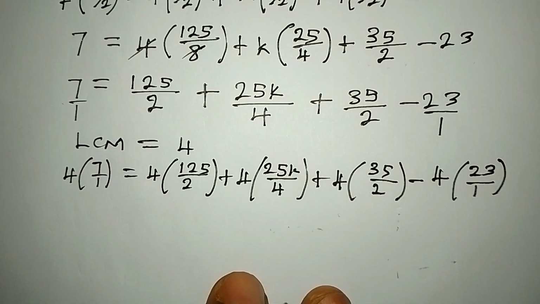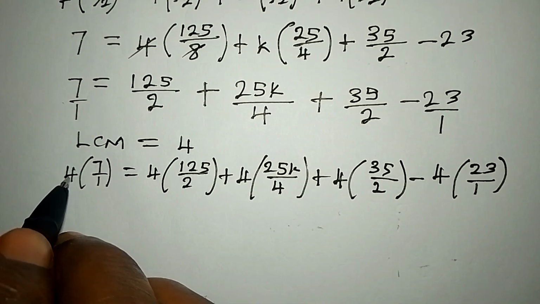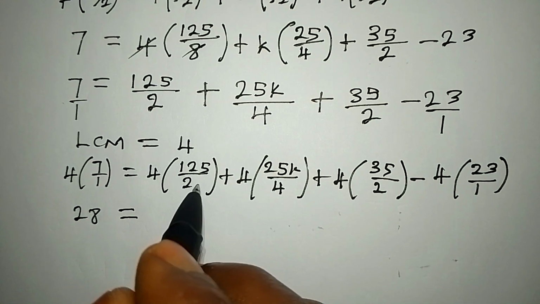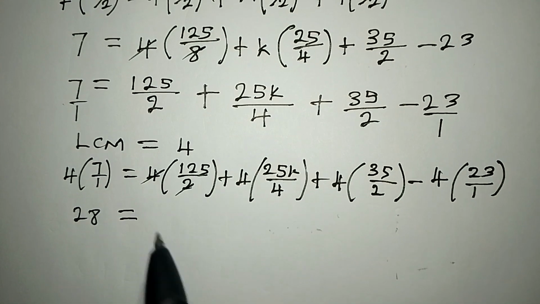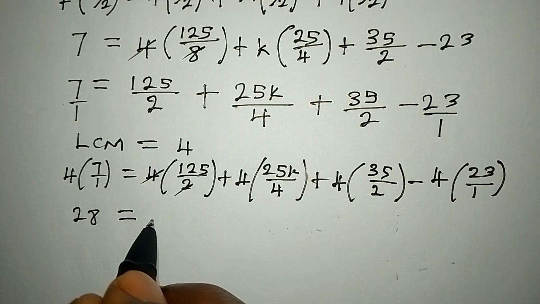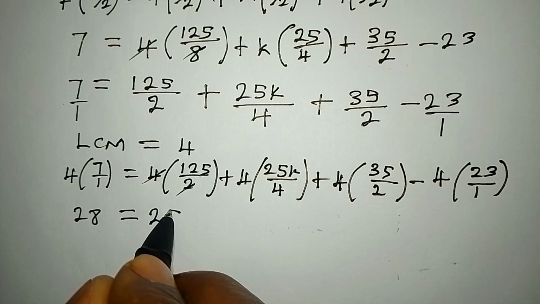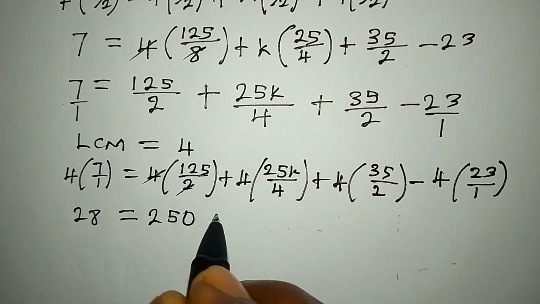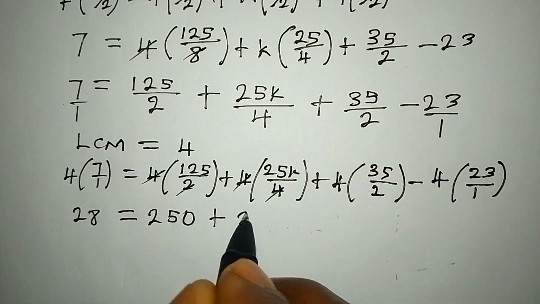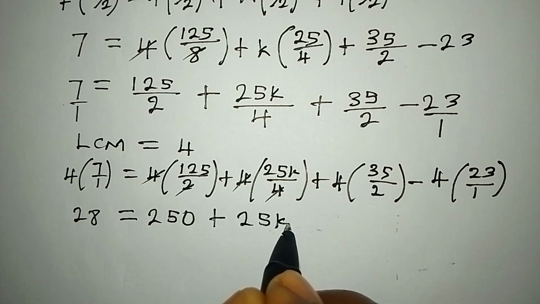Now let's deal with this very quickly. Here we have 4 times 7, that will be 28, equal to 2 will go here 2 times. So we have 2 multiplied by 125, and that will be 250. Okay, then we have plus 4 will cancel itself from here, and we have 25k.